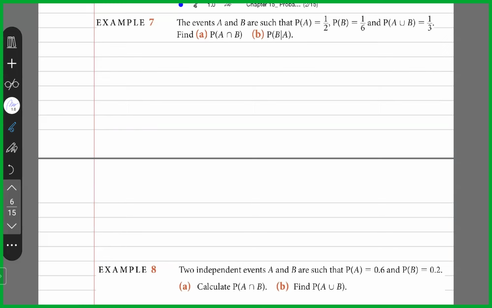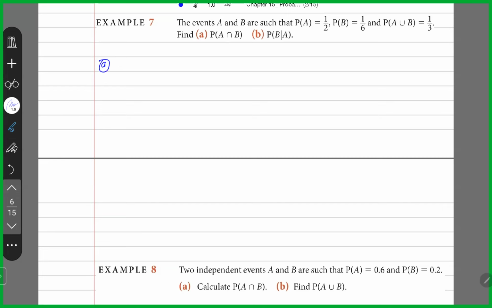It says events A and B are such that the probability of A is 1/2, the probability of B is 1/6, the probability of A union B is equal to 1/3. We're to find the probability of A intersect B. So here's what we know.